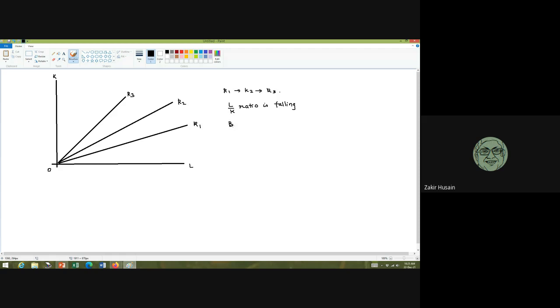But along each ray, the L by K ratio is constant. So if you have a homogeneous production function, you will always have this property.